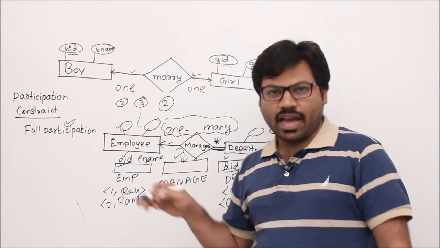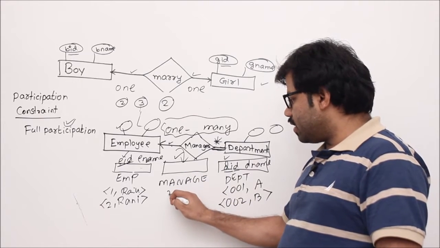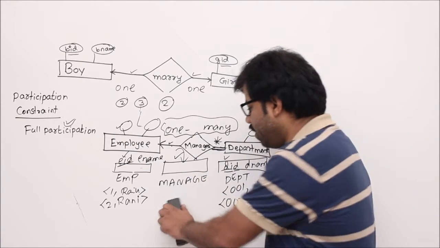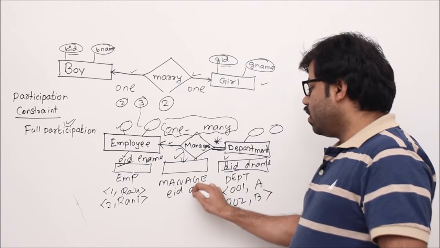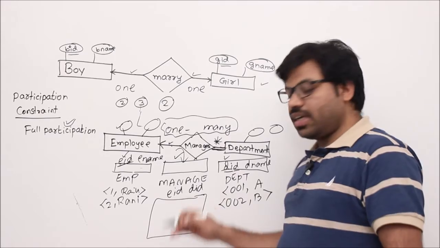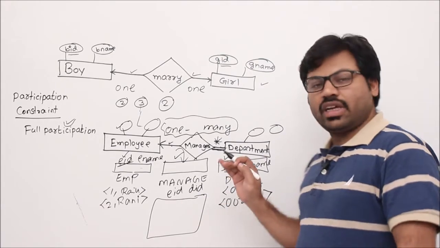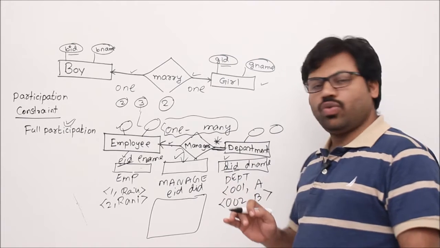Okay, now you see manage. What attributes do we have in manage? Manager ID, that means employee ID, comma, department ID, right? So usually you will try to write some data, but since this table doesn't have any primary key, we have to create a primary key, correct? Before creating the primary key, I will tell you one thing.